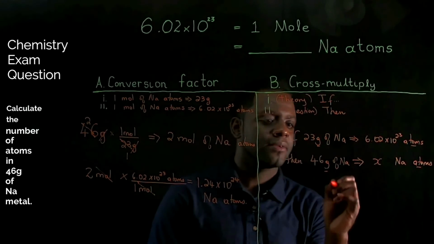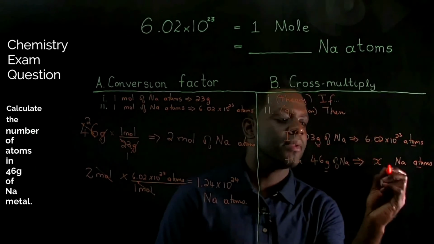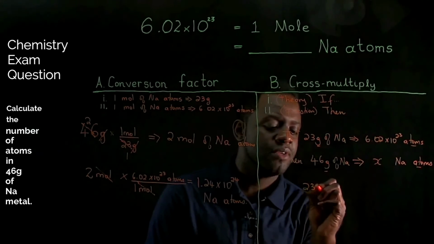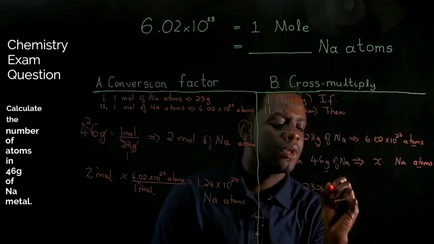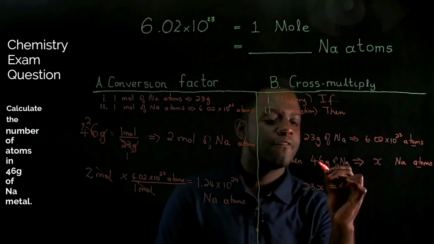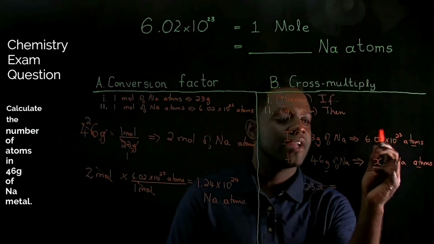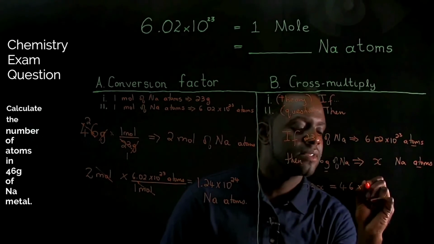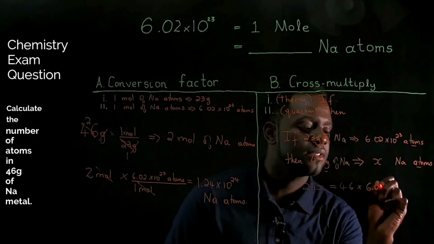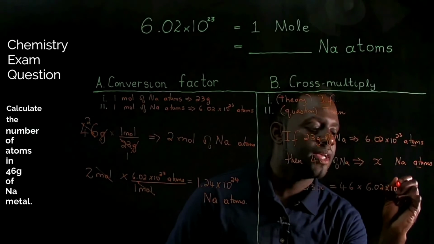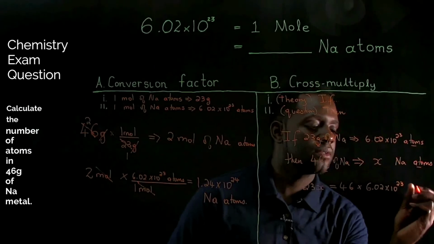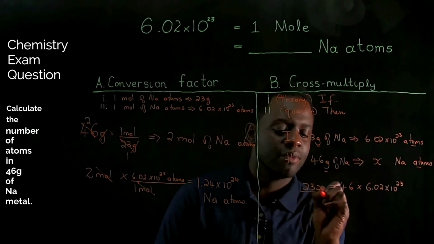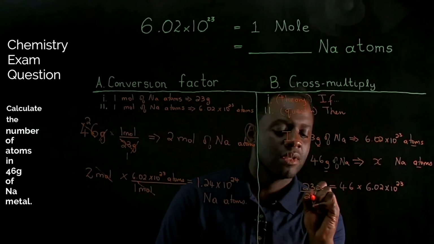Now to cross multiply. So the 23 will multiply our x here, which is unknown. So 23x is equivalent to 46 times Avogadro's number. 46 times 6.02 times 10 to a power of 23. And to solve for x, we'll simply divide both sides by 23.